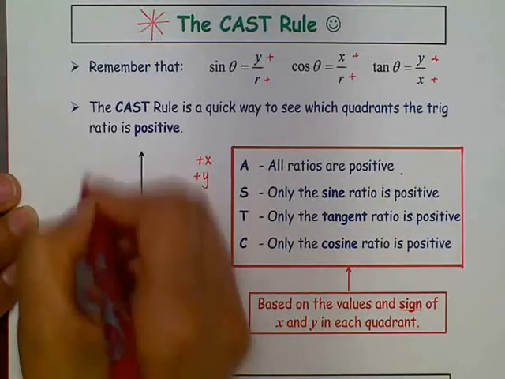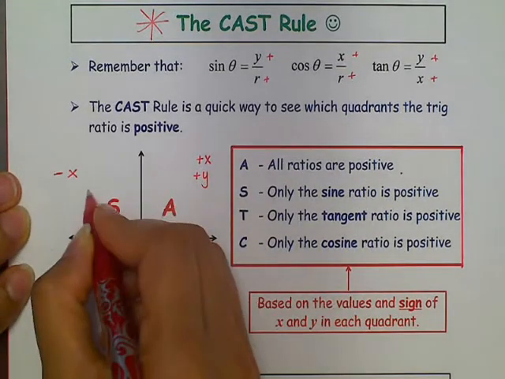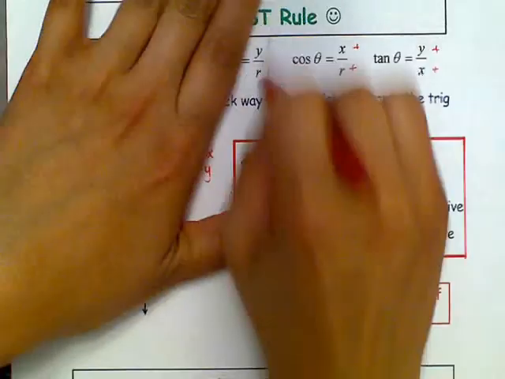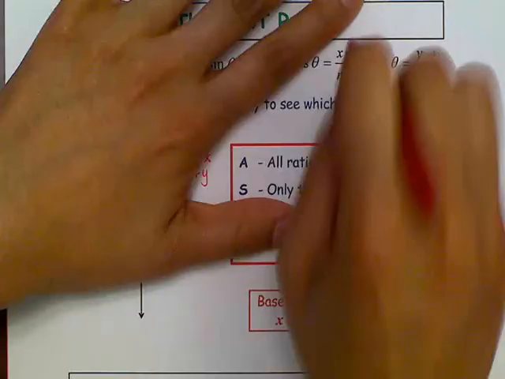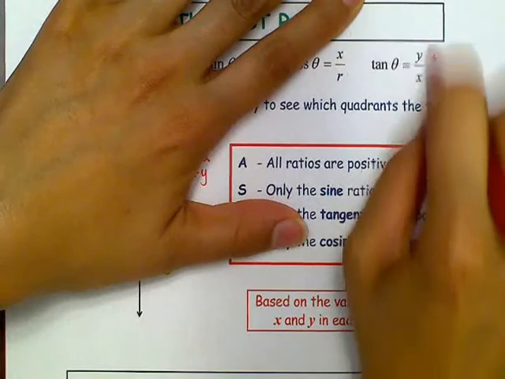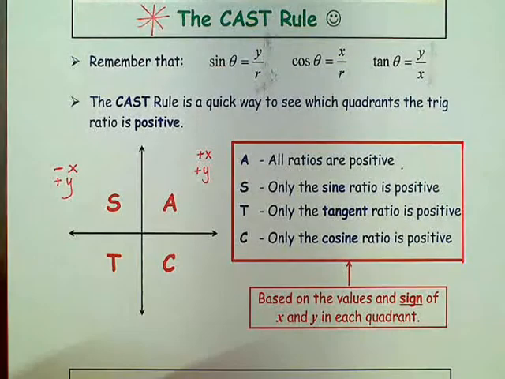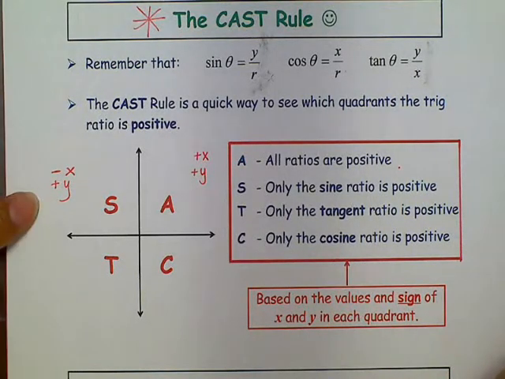In the second quadrant, because we're moving to the left, I know my X values are going to be negative, and because I would need to move up, I know my Y values are going to be positive. So if I plug in values with those signs for X and Y, sorry, I don't know why this is smudged, hopefully you can still read that.